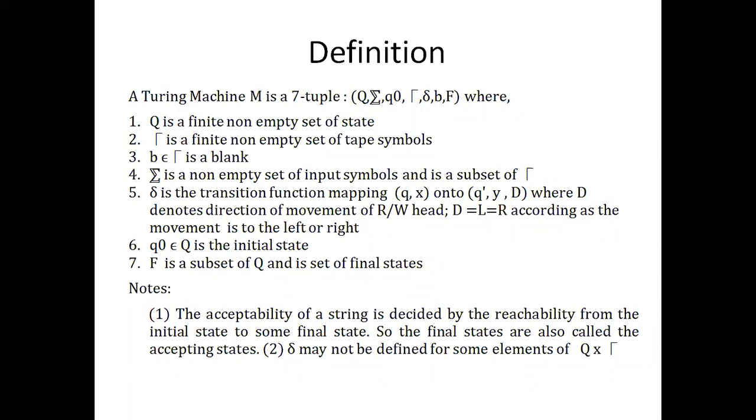Now whenever there is an input, suppose the input string is of length 4, the tape of the Turing machine is considered to be of infinite length, so only 4 cells of the tape will be filled with those 4 characters from the input, and the rest of the cells will be filled with this blank symbol.